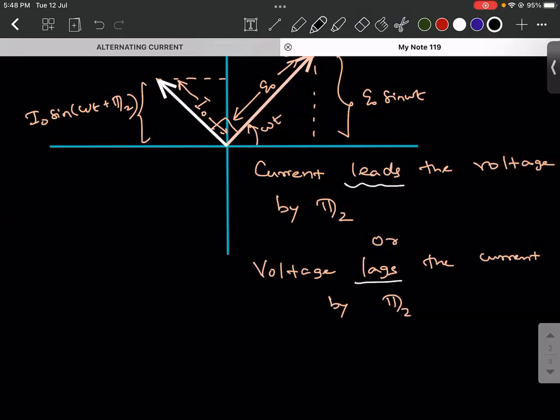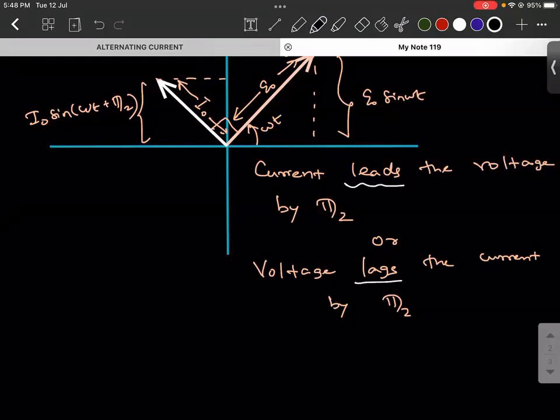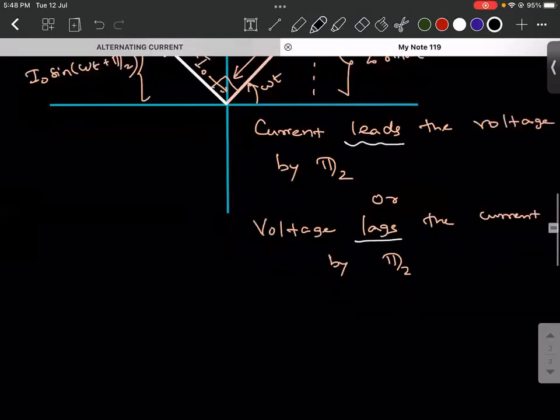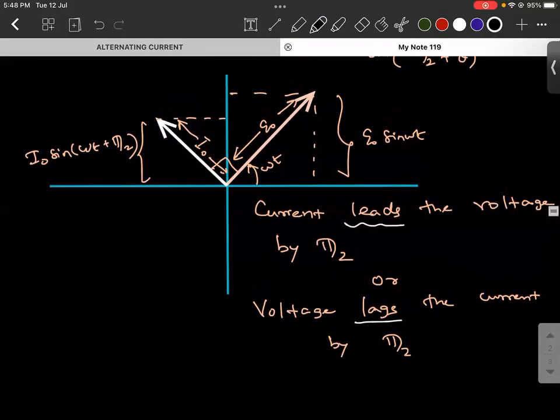See, what is leading and lagging? It takes some time for you to understand. But as of now, write it down. Current leads the voltage by pi by 2, or voltage lags the current by pi by 2. Now, what we need to do is draw the graph for it. Shall I proceed? Did you all copy this diagram? Draw it fast.